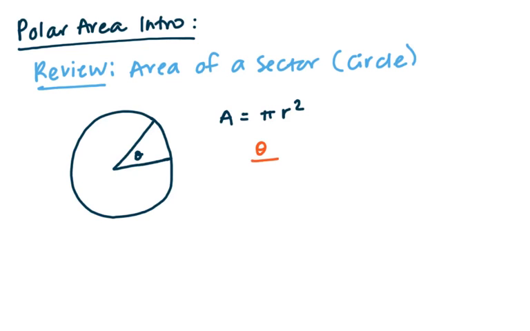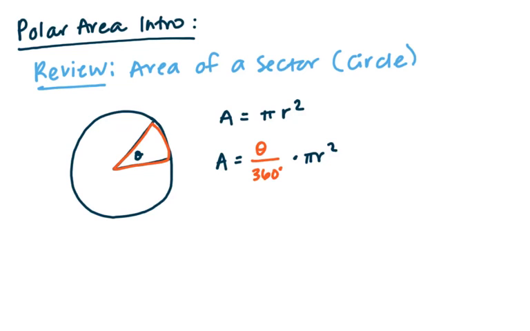So some theta out of 360 degrees would then be the ratio of the pi r squared that we wanted specifically. Okay, that would give us just the area of this particular slice.